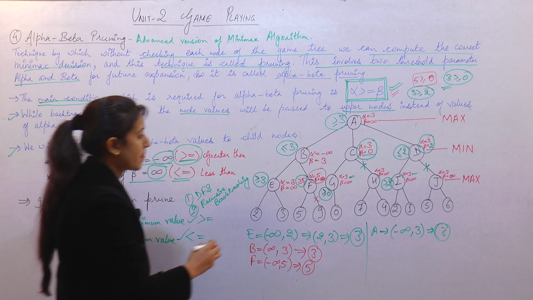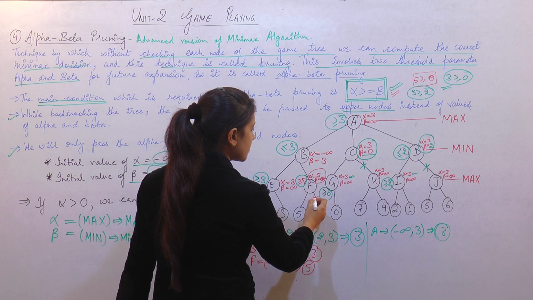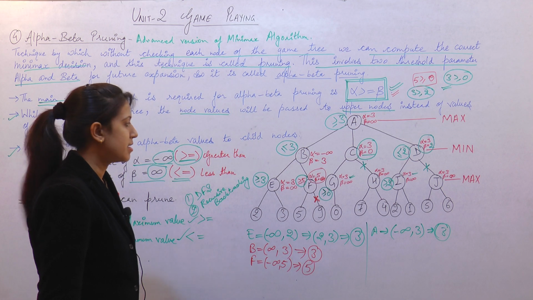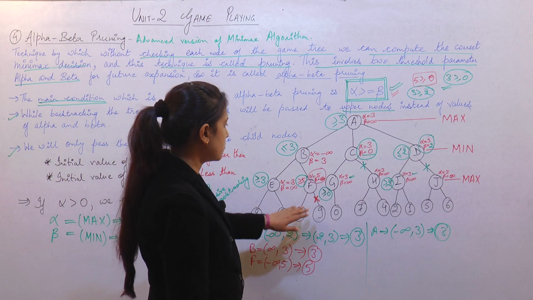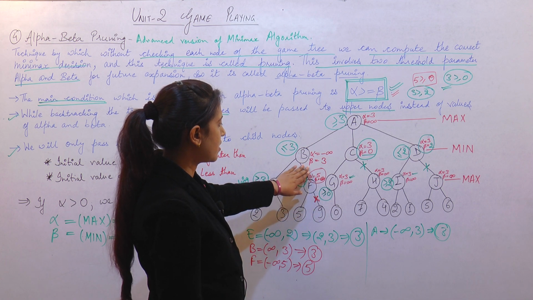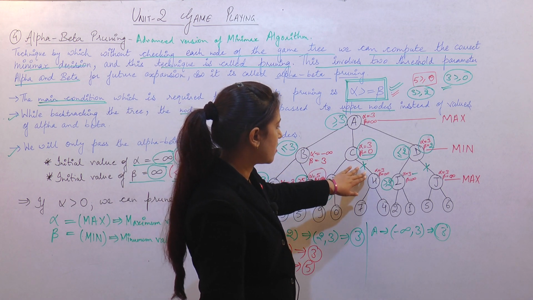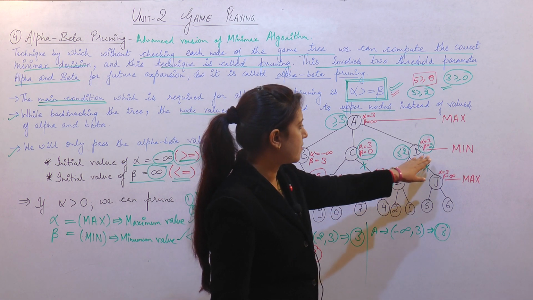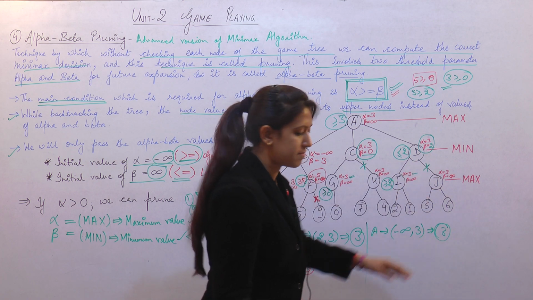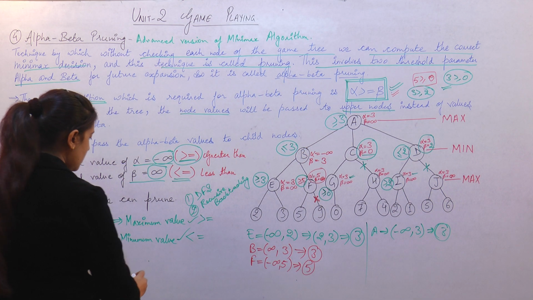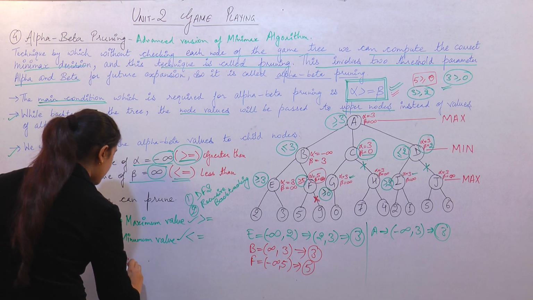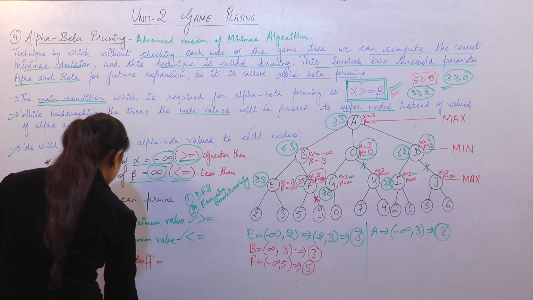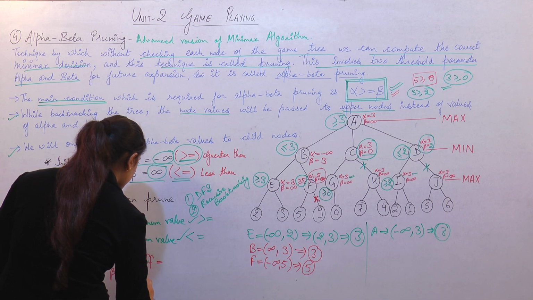So we will calculate the number of nodes which have been pruned by the values of alpha and beta. Here we pruned a node with the value of alpha, and here also we pruned a node with the value of alpha, and here we pruned a node with the values of beta. We will represent these by alpha cutoff and beta cutoff.